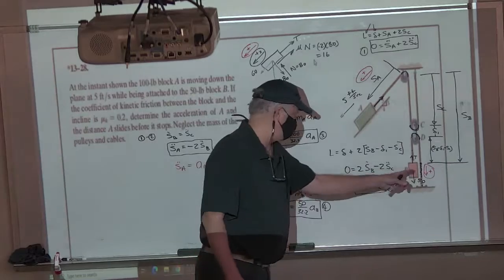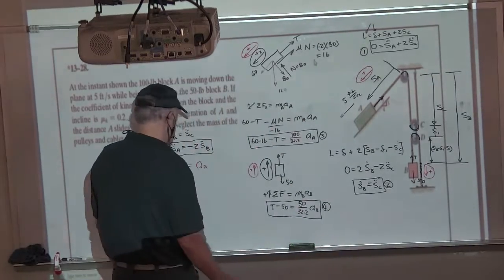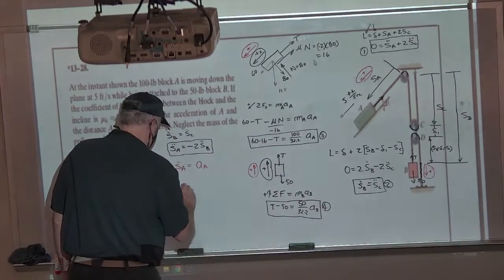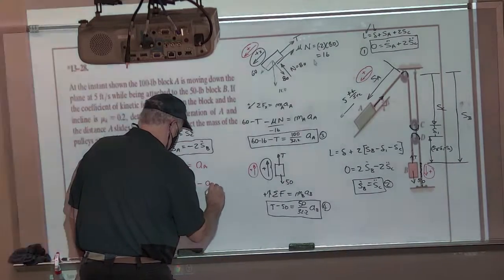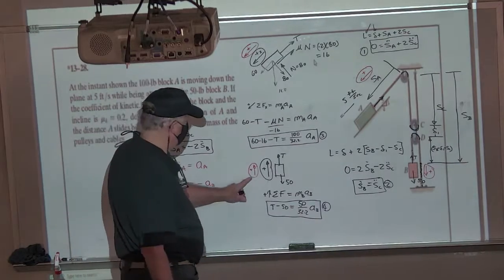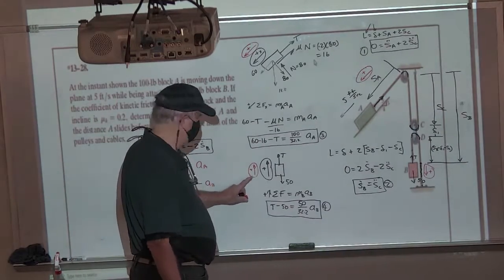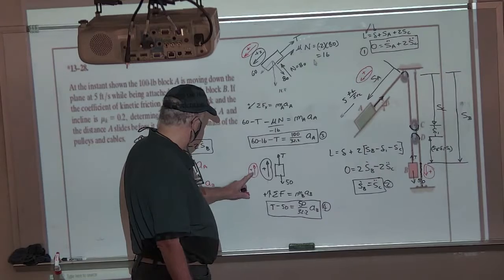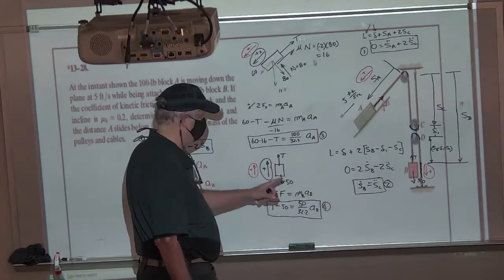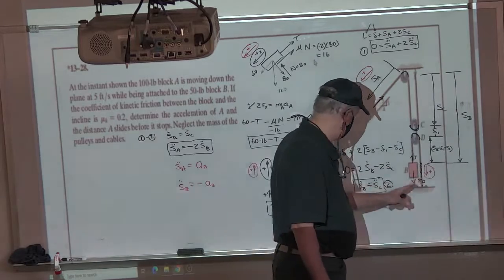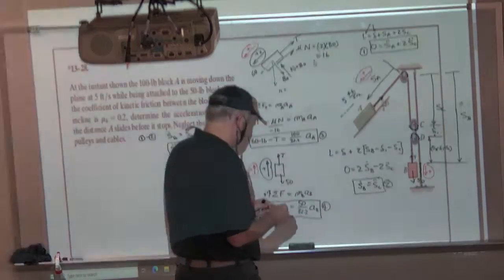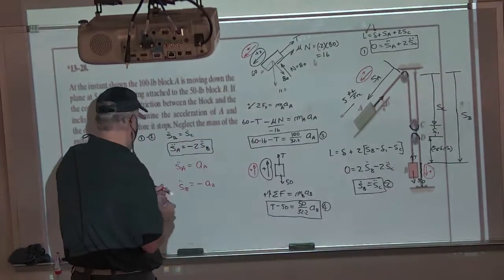Since these are in opposite directions, then SB double dot is equal to minus acceleration of B. Again, I have done it in red here for this reason. This is positive. Pointing down is positive. I got two opposite directions here.